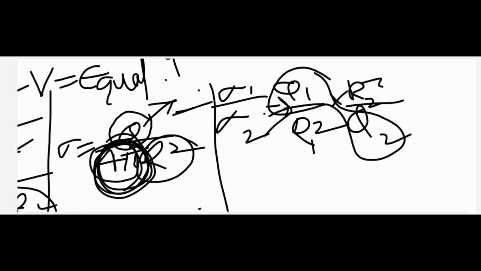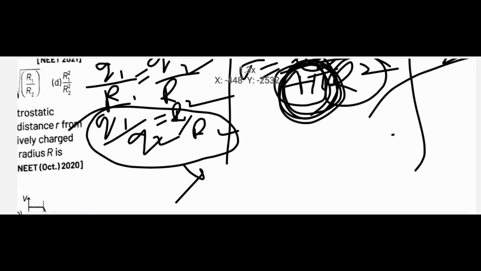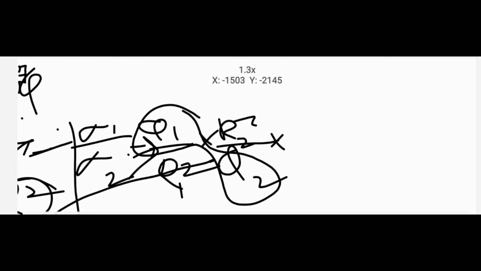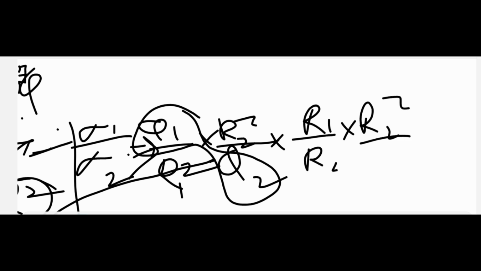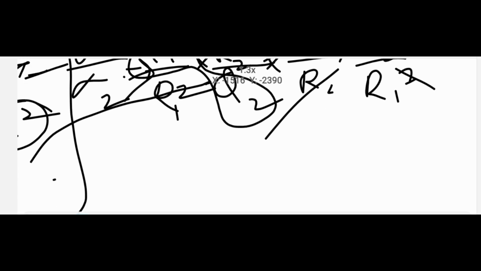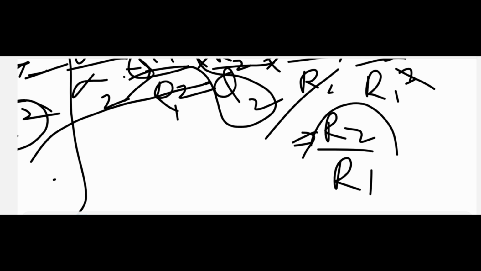From the relation above, q1 by q2 is equal to r1 by r2. Just substitute it: r1 by r2 into r2 square by r1 square. Here r2 square cancels with r2, and r1 cancels the power. So we will end up with r2 by r1.